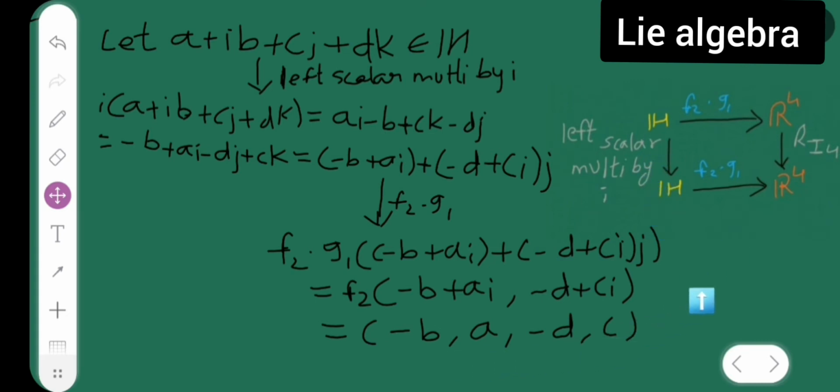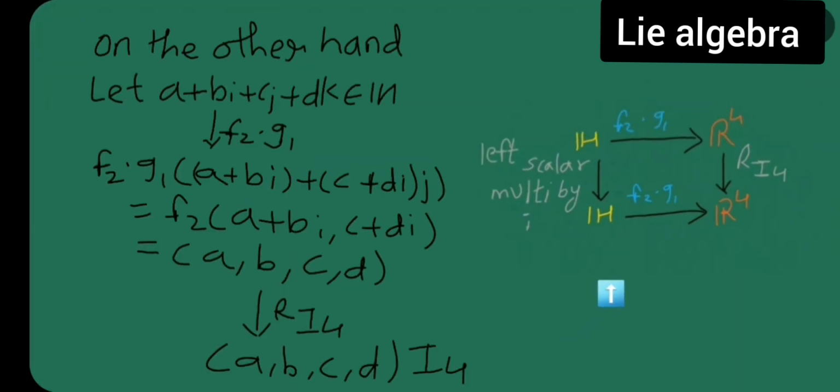Now I will be doing my path 2 on the next page. So now I have to do my path 2, right? I have to start from this H and I have to come to R4. So let A plus BI plus CJ plus DK belonging to H, and then F2 into G1.